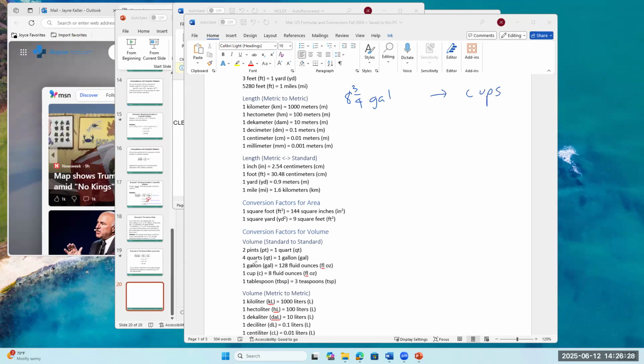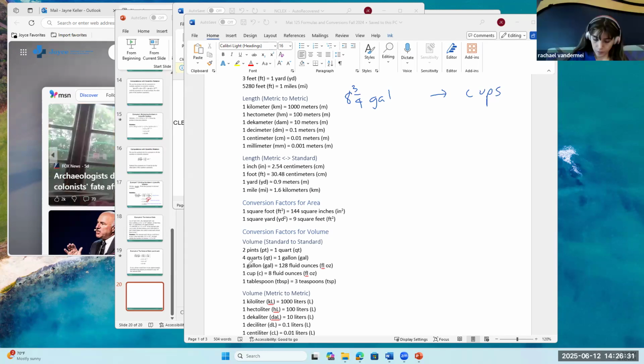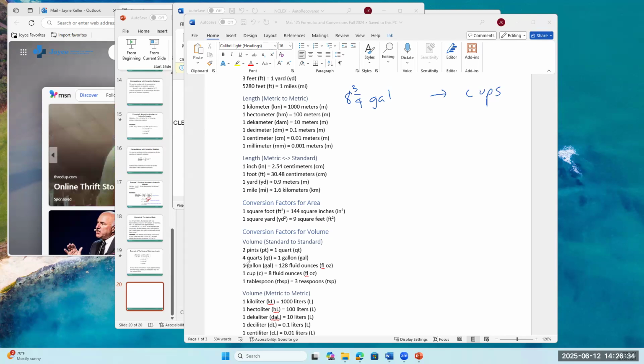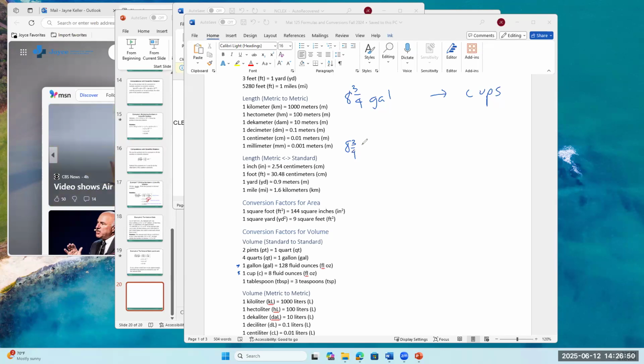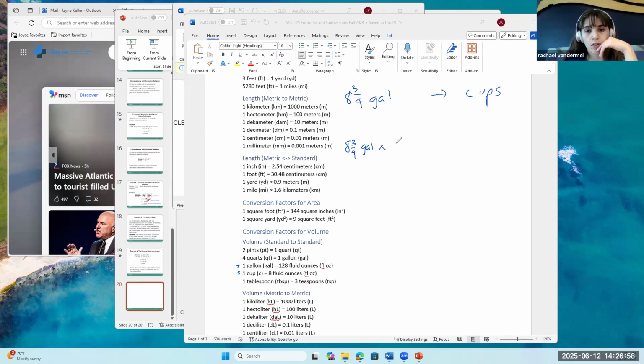Okay, so let's see. I've got gallons to fluid ounces and cups to fluid ounces. So this looks like the way to go, doesn't it? Using these two. So 8 and 3/4 gallons. And then what do I want to multiply by? For a gallon, it'd be 128 fluid ounces over 1 gallon.